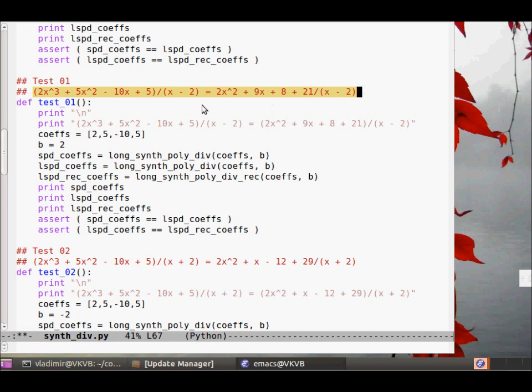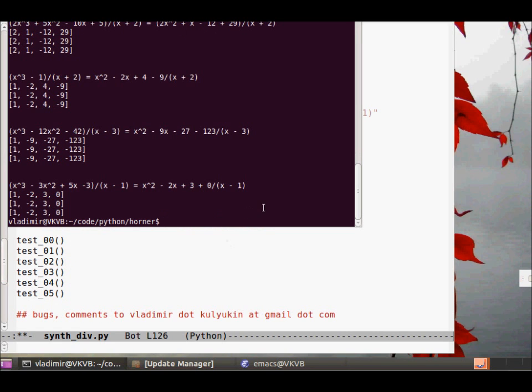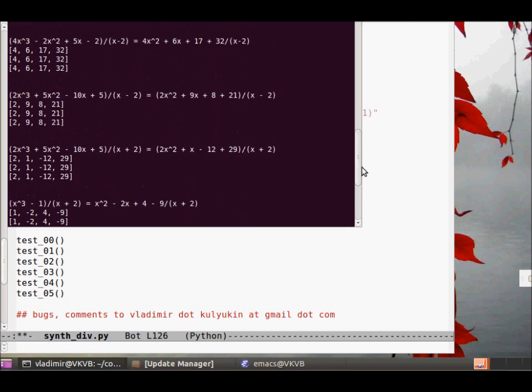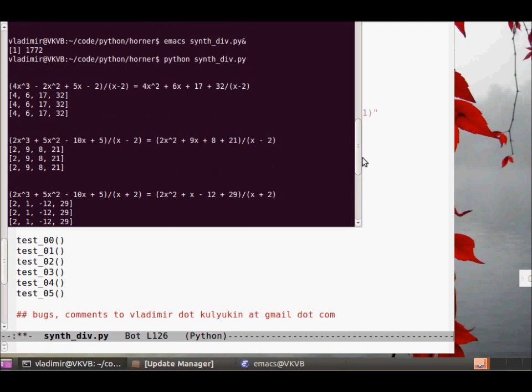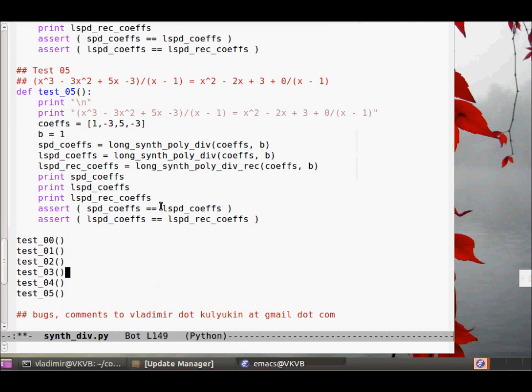Then the second array is LSPD coefs, that's the long division, and then the third array, LSPD rec coefs, is the recursive implementation of the long division to do synthetic division. So this is the output. And it appears to be correct. So these are the three arrays.